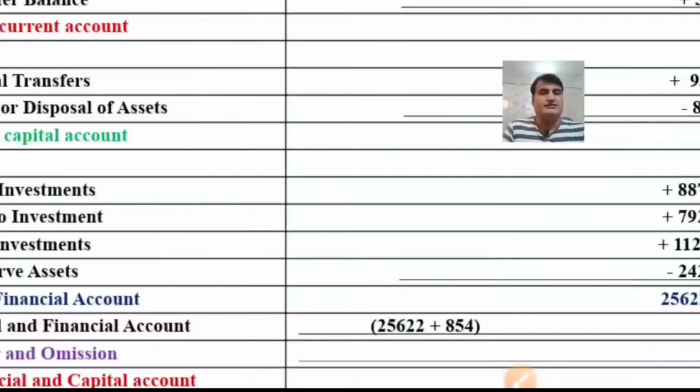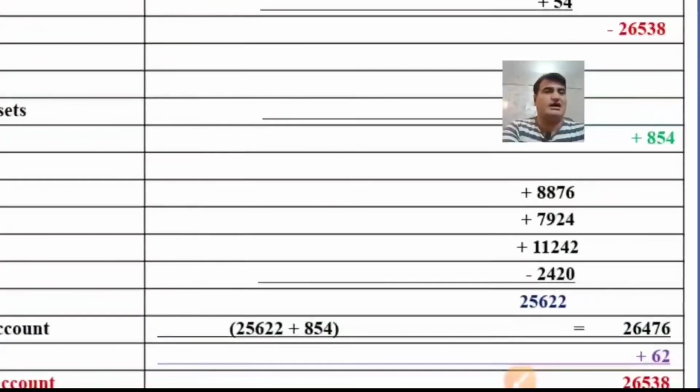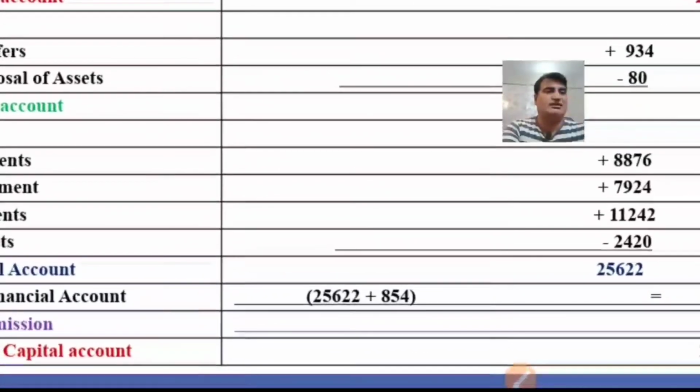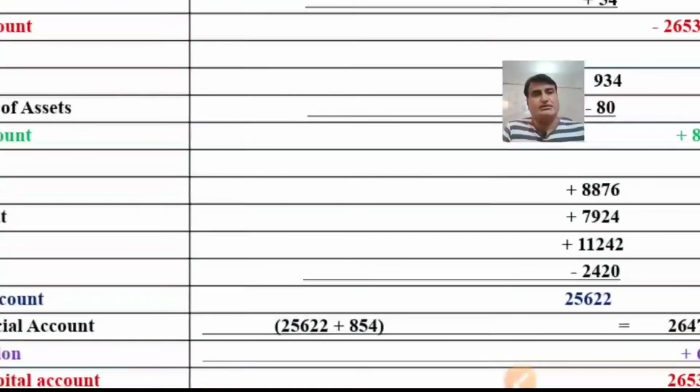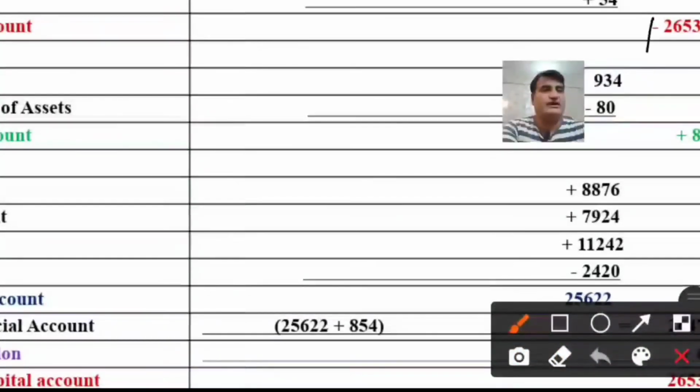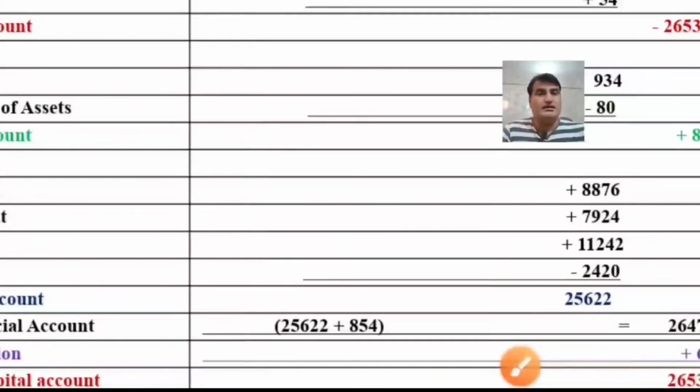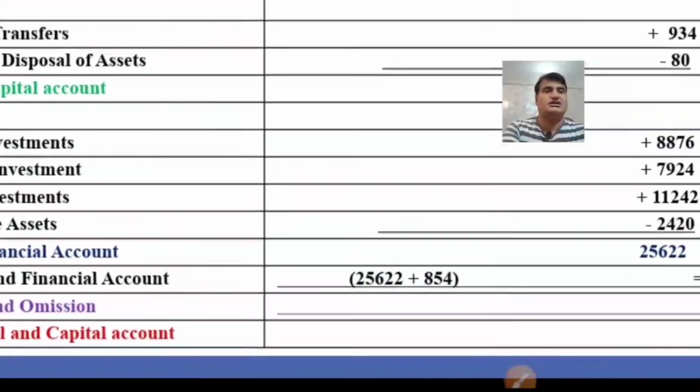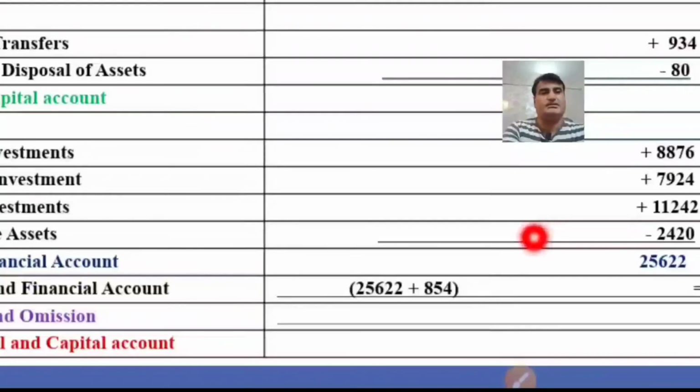So the balance on capital and financial account aggregate is $26,476 million, whereas the total balance on current account is $26,538 million. The balance on the capital and financial account is $26,476 million. The net error and omission account is created to offset the other balances.